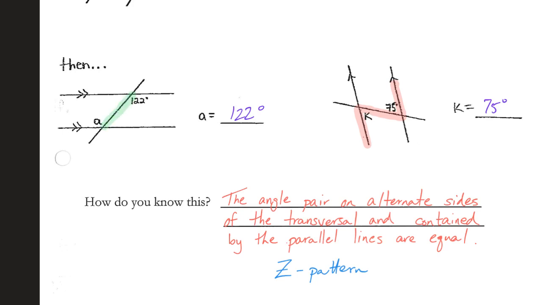So 122 is to the right of it, A is to the left of it. Now I have to contain it in my parallel lines, so I need it to be between them. And you notice that we get what looks like an S or a backwards Z. And so what you see in blue then is all you need to be able to quote. Just quote Z pattern anytime you're using that and we're good.